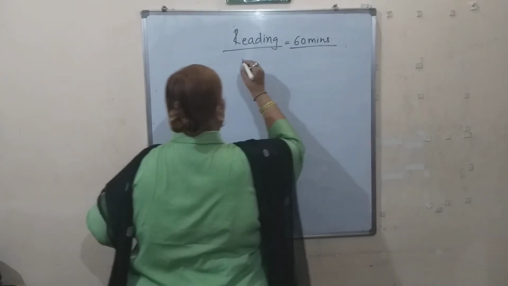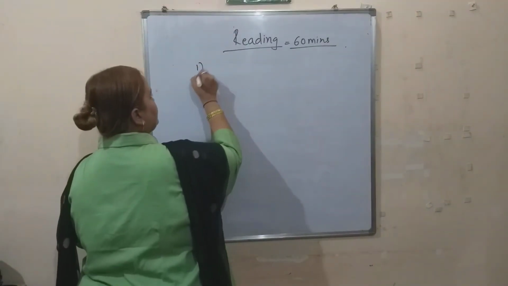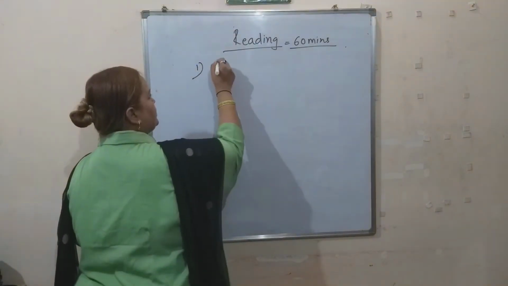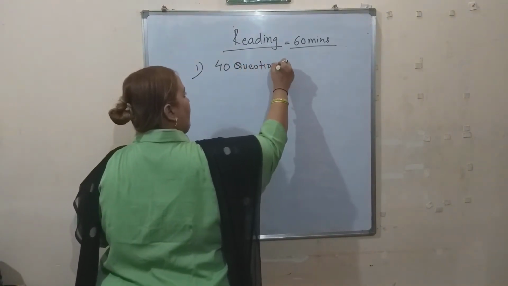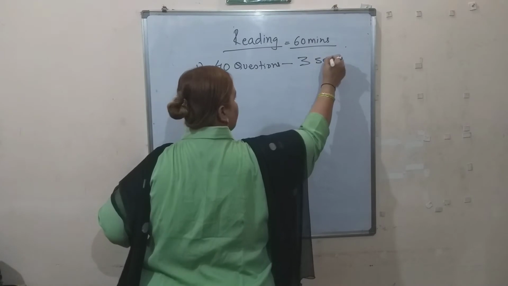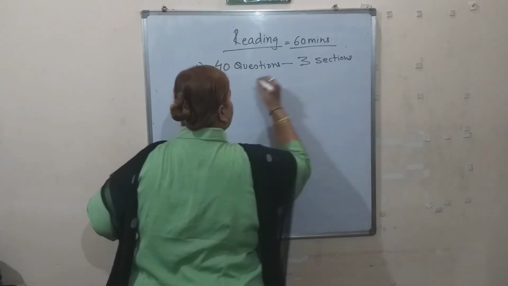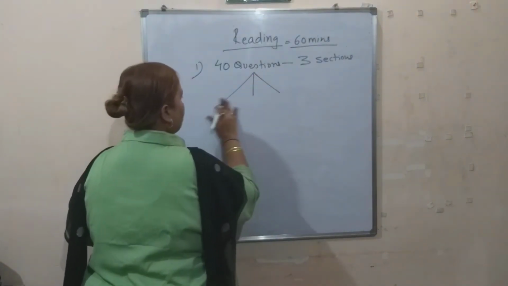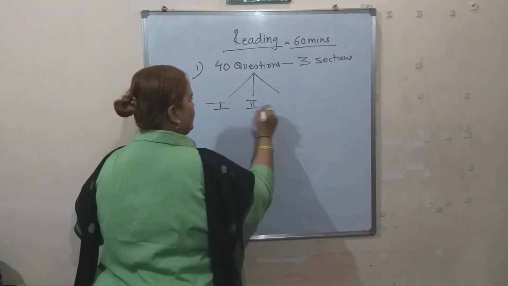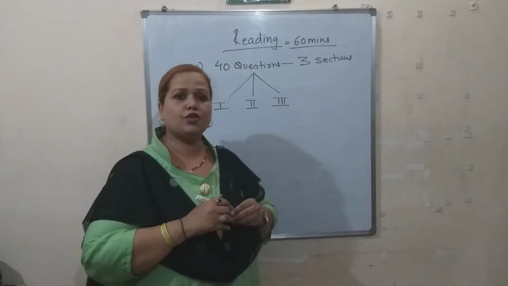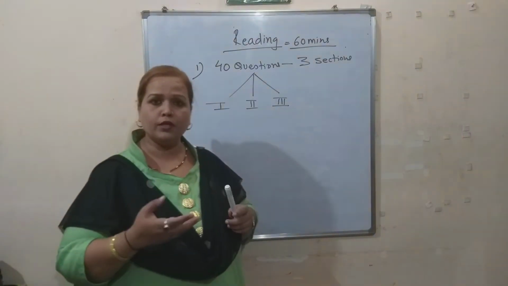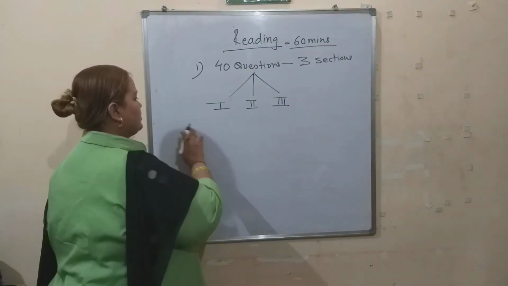A candidate needs to answer 40 questions which are in three sections: section 1, section 2 and section 3. There are passages which are given, and a candidate needs to answer the questions.